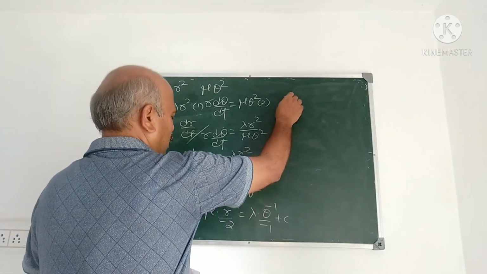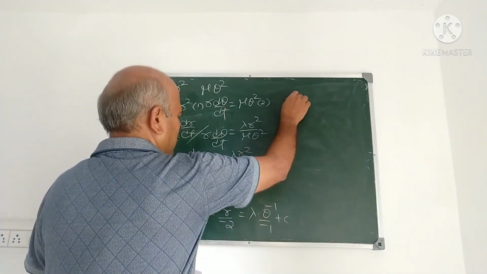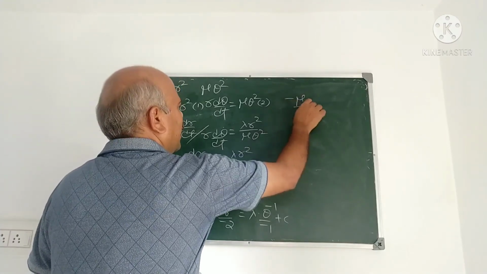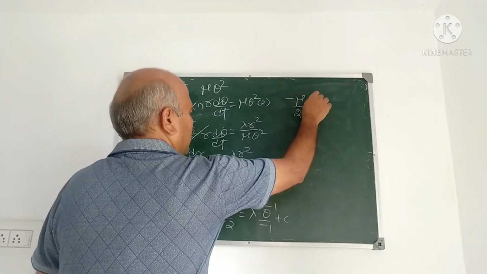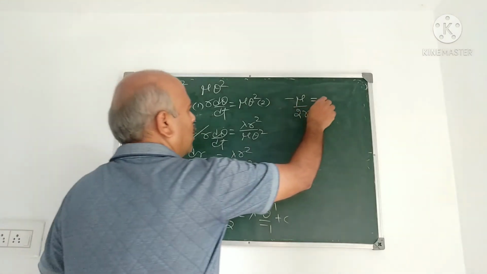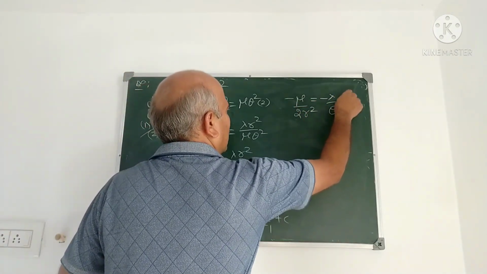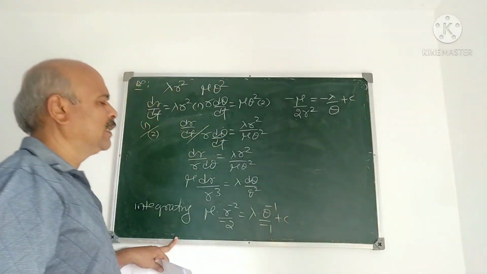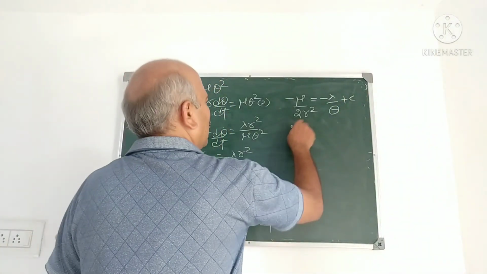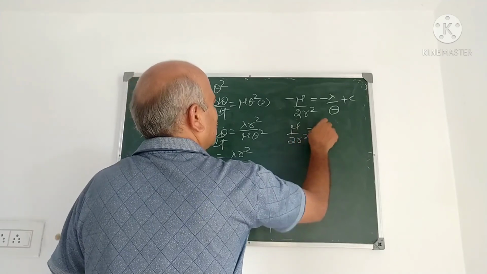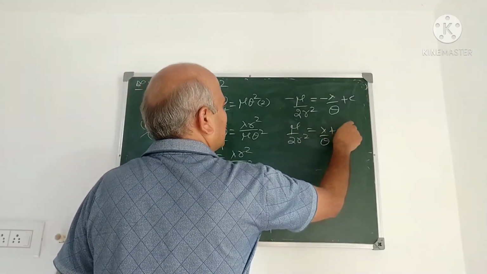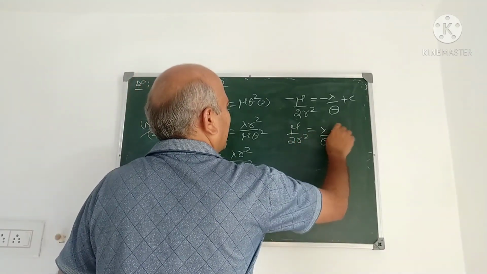Therefore, minus mu by 2r square is equal to minus lambda by theta plus c. Therefore, mu by 2r square is lambda by theta minus c.